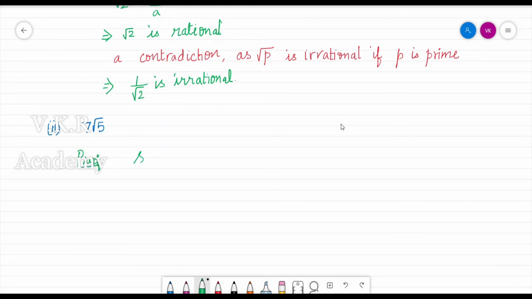That is, suppose 7 root 5 is rational. This implies 7 root 5 is equal to m, a rational number.